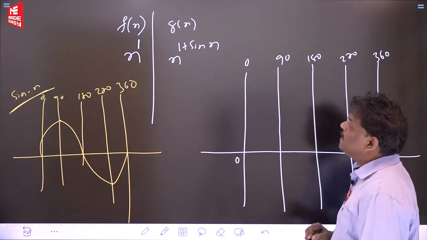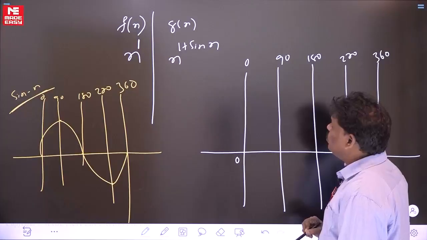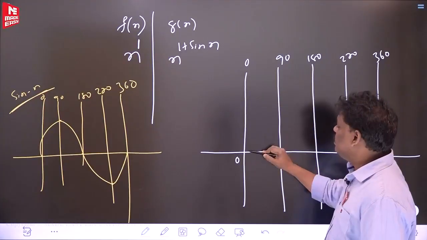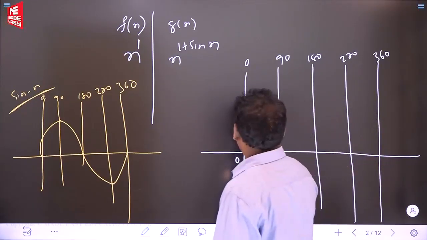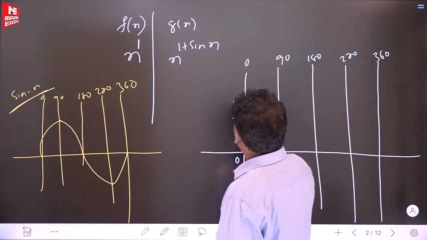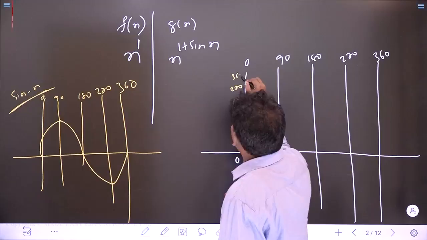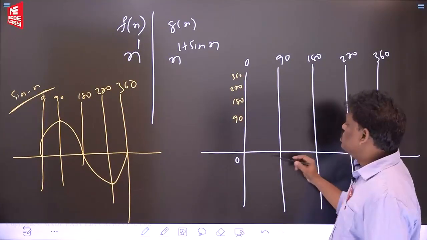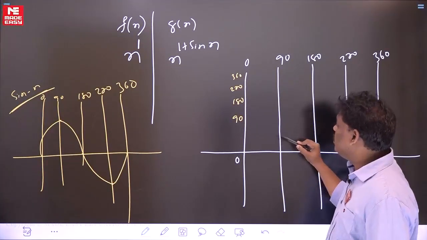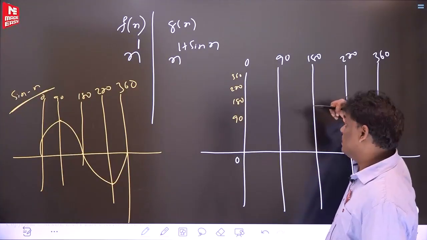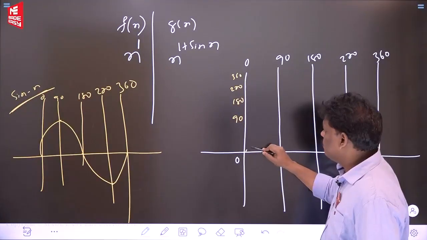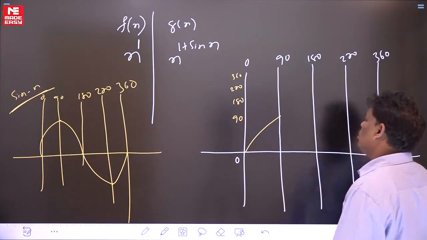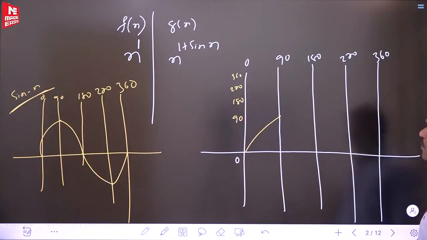From 90 onward, n value 90, F of n goes to 90. 0 is 0 only, 90 goes to 90. F of n I am drawing, this yellow color is the F of n behavior.